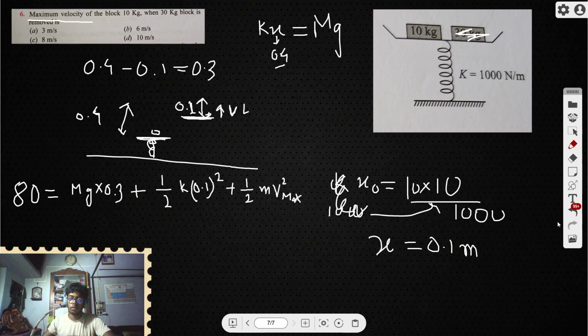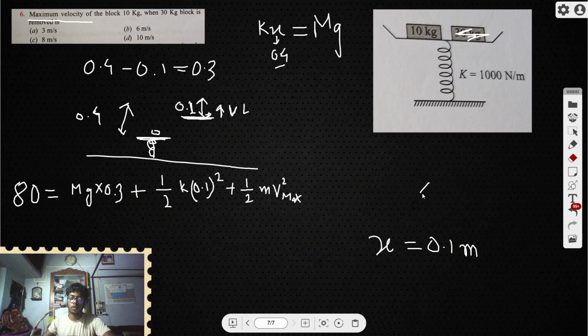Now let's put in the values, because we have calculated x equal to 0.1.